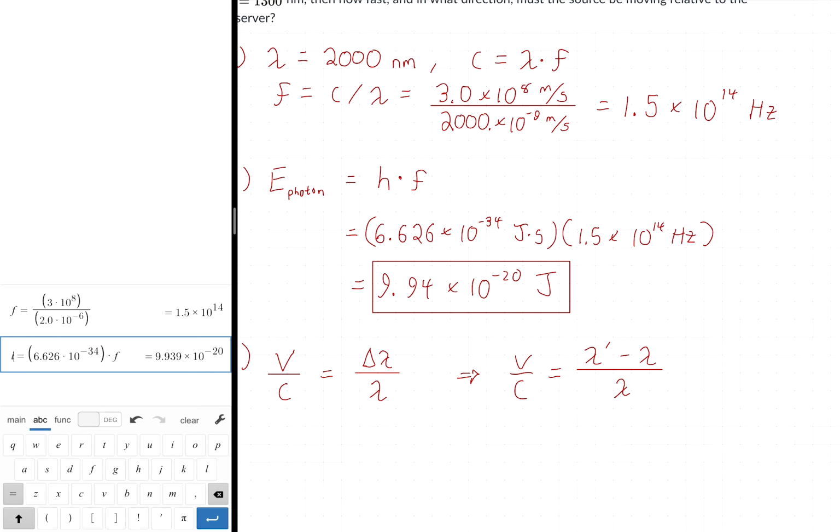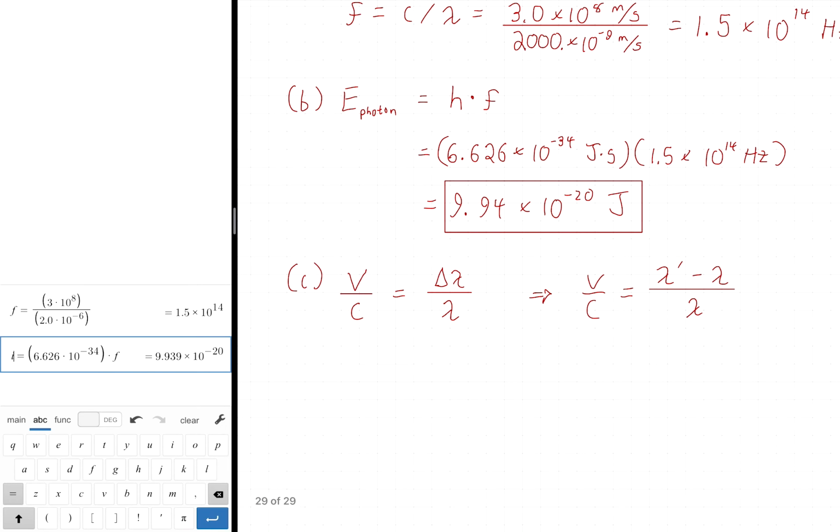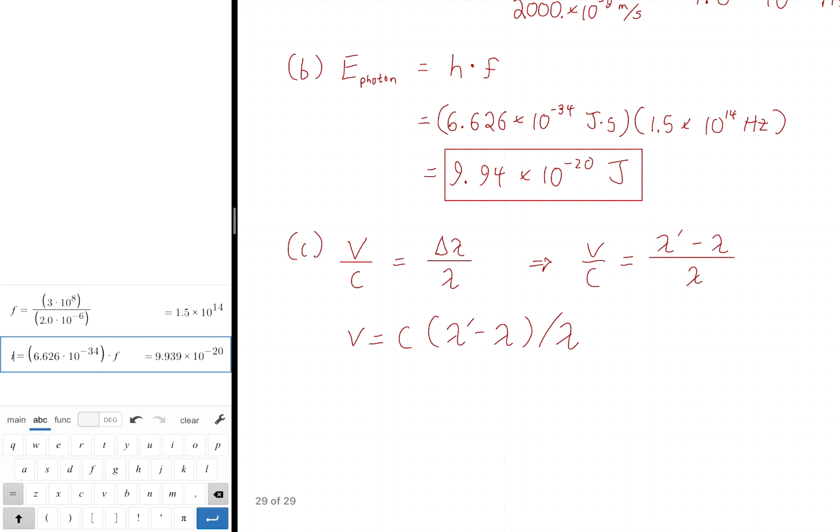So let's plug in the numbers for this particular version. V is C times the difference in wavelength over the original wavelength. I haven't chosen numbers yet, so first we'll plug in the speed of light, 3 times 10 to the 8 meters per second.